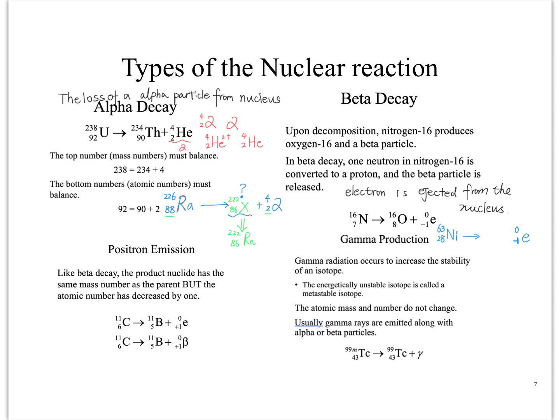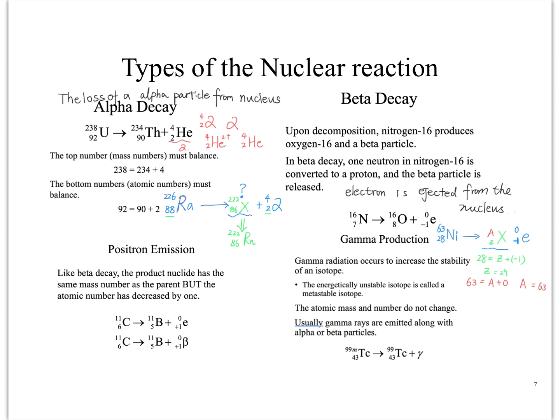So what is going to be here? Again, we use the idea of the balanced nuclear equation. That is X, and for the bottom number it is Z. Z plus -1 on the right side should equal 28. So Z will be 29. And for the A, the mass number, A plus 0 on the right side will equal 63. So A equals 63.